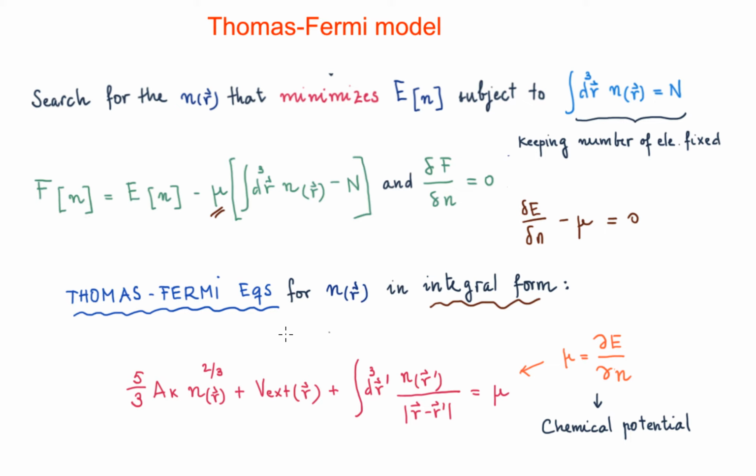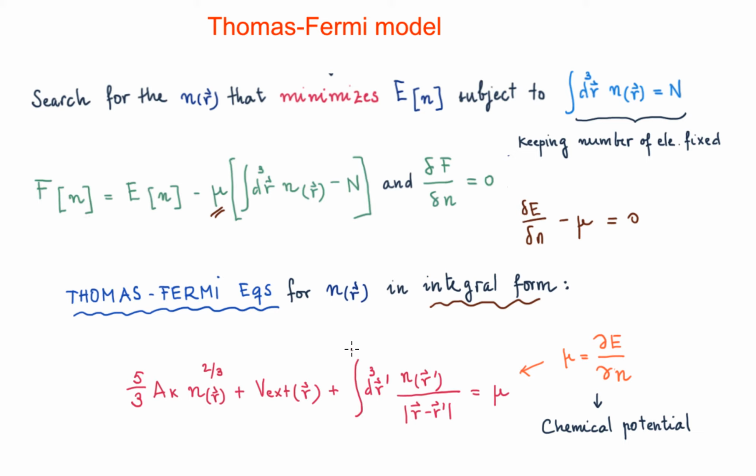So we have that equation here, which is the integral version of the Thomas-Fermi equations in terms of the electronic density. And we're going to derive another version of the Thomas-Fermi equation, in a differential form. And for that, we are going to do the following.